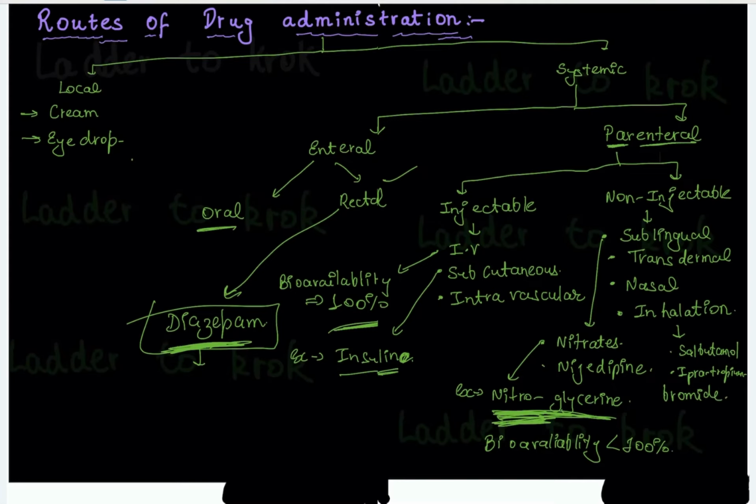Salbutamol is a beta 2 agonist, meaning it activates beta 2. Ipratropium bromide will block M3 in your lungs, and salbutamol will activate beta 2 in your lungs.